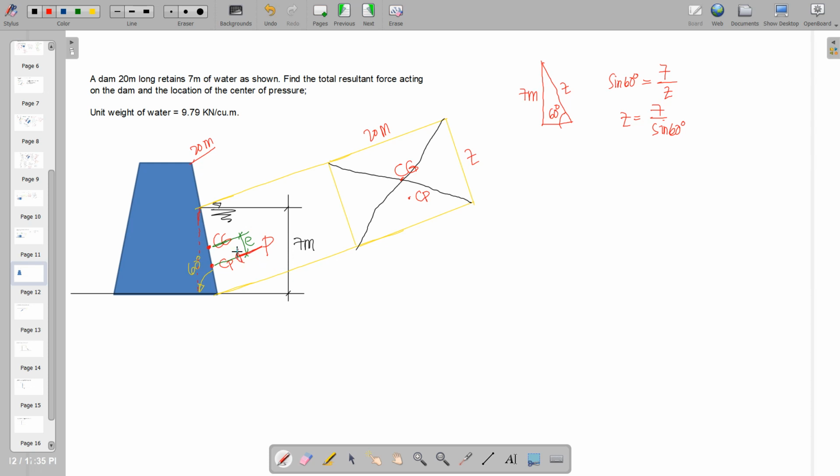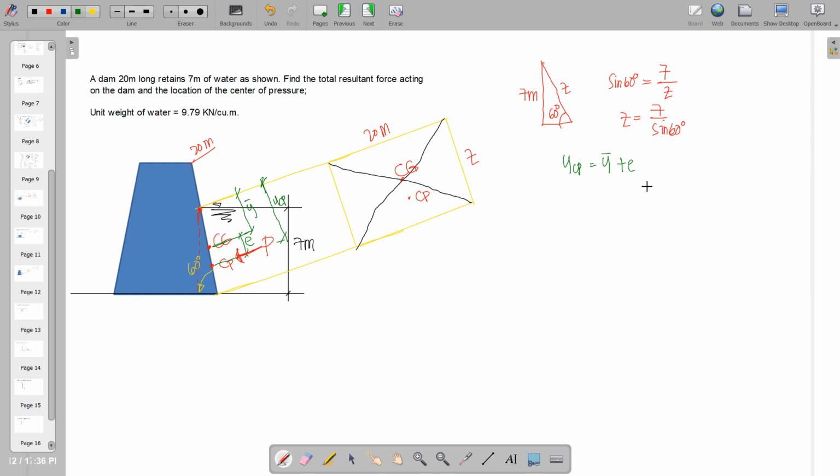The next unknown is the location of this total resultant force. In the previous problem, we used e to locate P by adding e to our y bar. Hence, the location is expressed by the variable ycp. So the unknown in the problem is ycp equal to y bar plus e.